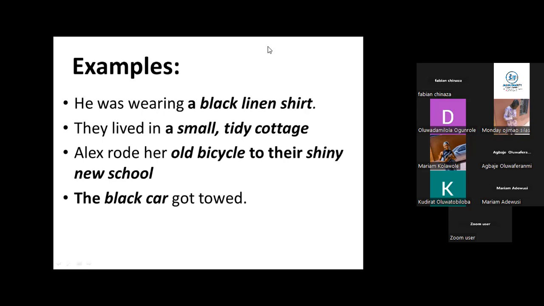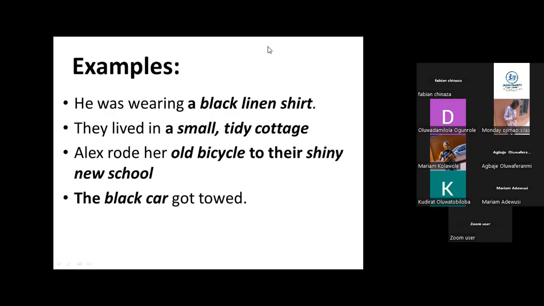Basically, a noun phrase can act as the subject of a sentence or the subject of a verb. It can act as the object of a verb in a sentence. It can also act as an object of a preposition. And in these sentences that I've given as examples, we have the noun phrase used in each of these functions.